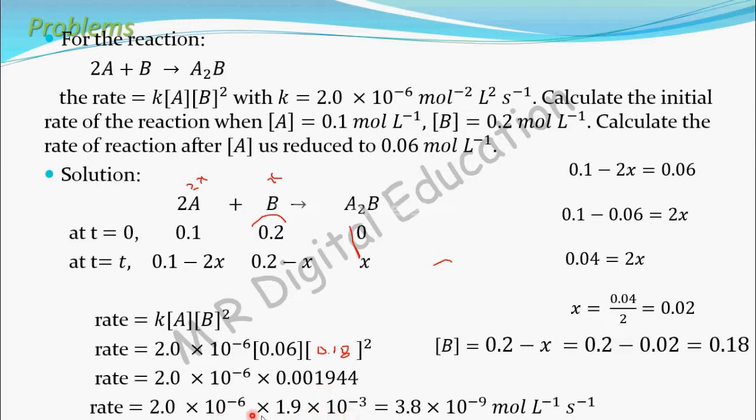When you simplify this, you will get 3.8 × 10^-9 mole per liter per second. So the rate of the reaction after concentration of A is reduced to 0.06 mole per liter is 3.8 × 10^-9 mole per liter per second.